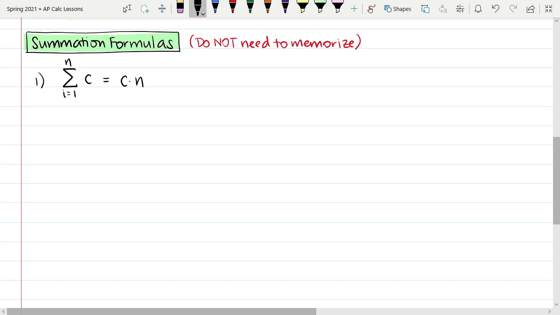All right, so for the first one, we have the summation from i equals 1 up to n of the constant c. And that's going to just equal c times your upper bound n. Again, this is where c is a constant.